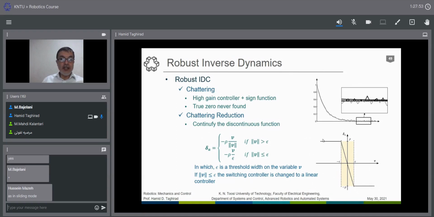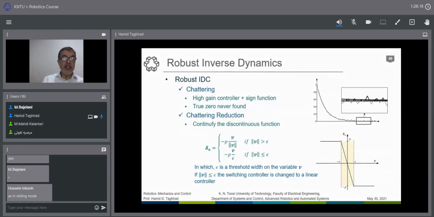And then by continuifying this, like what we do in sliding mode control, we can have a non-oscillatory output. Of course, we reduce the asymptotic stability to what we call UUB stability.